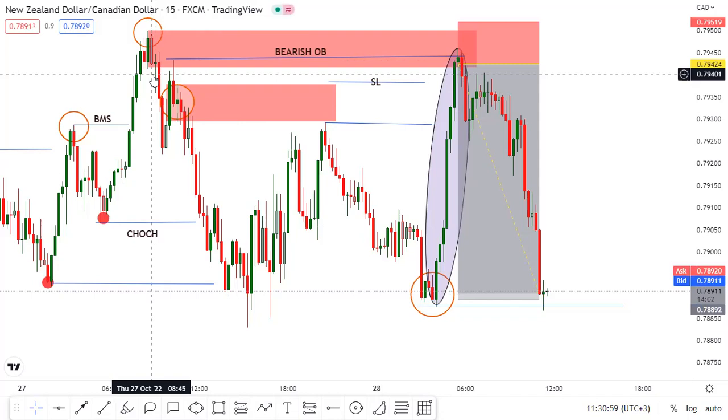The third point, we must see some areas of imbalances. But sometimes those areas cannot be found. You can try to look at areas of imbalances, but you cannot get them. It's not easy. Maybe they have been created and then they have been filled. You see an order block being created, then filled, then another block created, then filled.